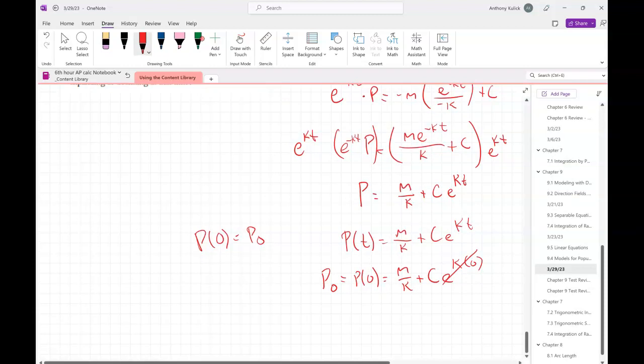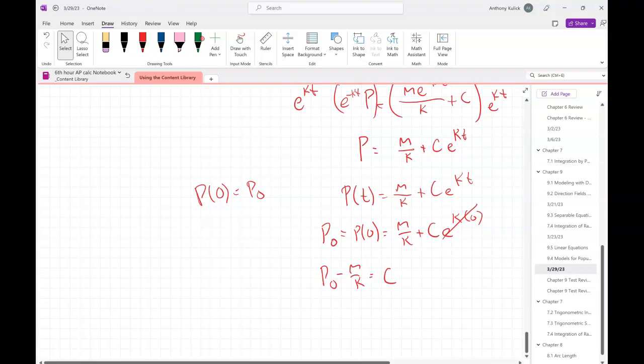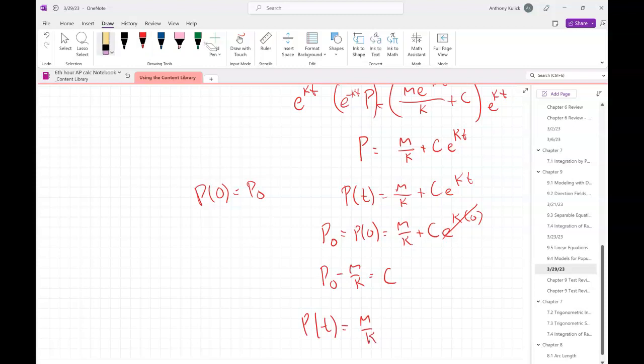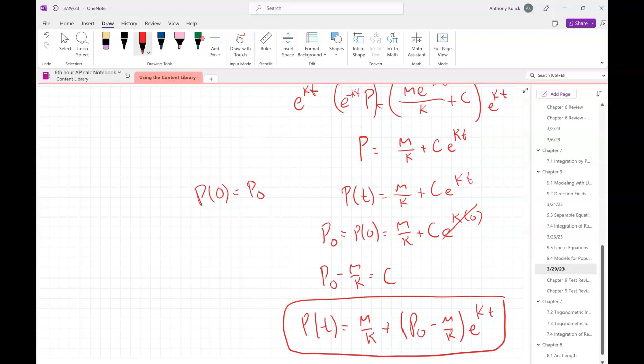So that just is going to cancel out, become 1. If I subtract M over k from both sides, I get my constant is P naught minus M over k. So that's my answer for part A.